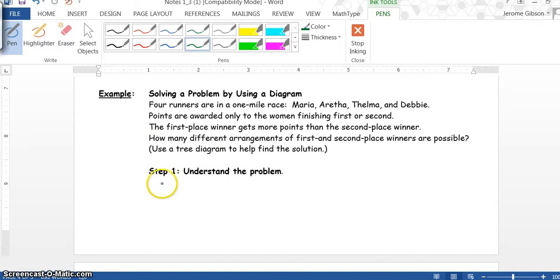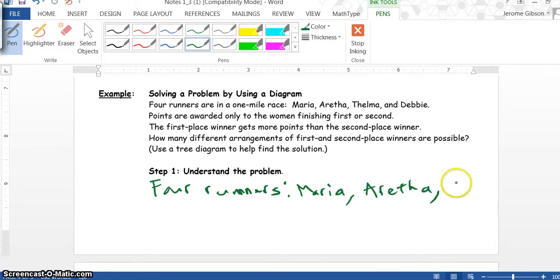First of all, we have 4 runners. We have Maria, Aretha, Thelma, and also Debbie.